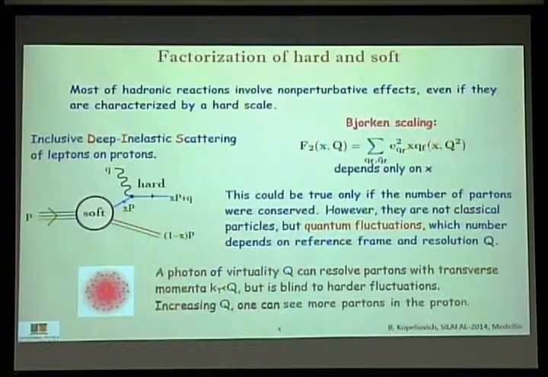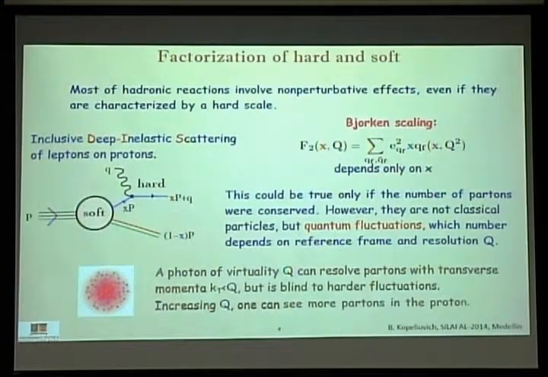Quarks and antiquarks are distributed in the proton over the fractional light cone momentum x, and it depends only on q squared. And in the early years of the parton model, it was found that such a structure function depends only on x and is q squared independent.